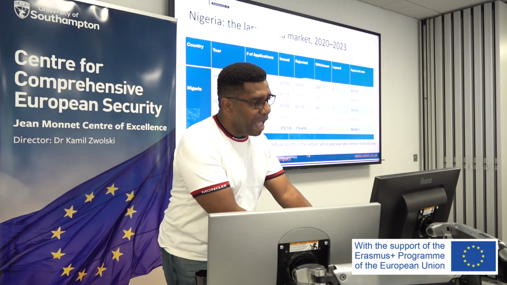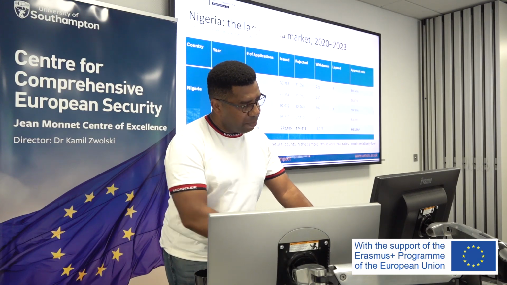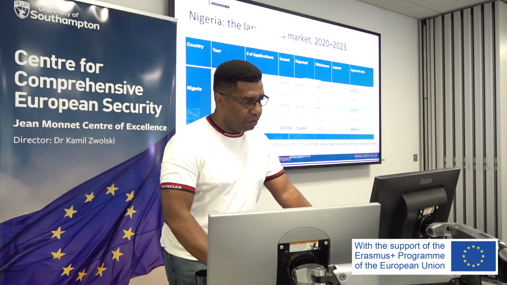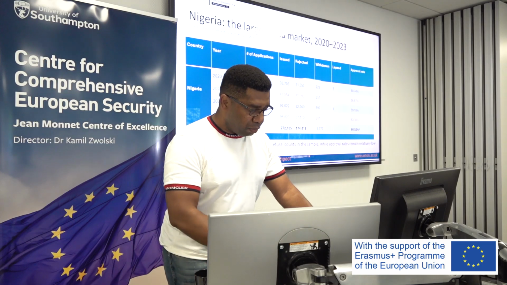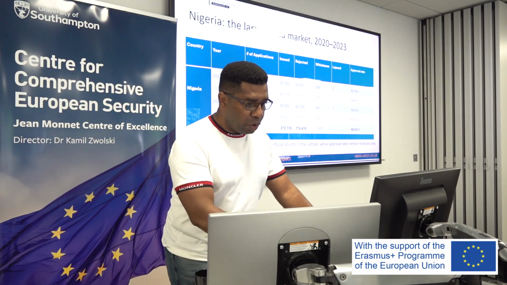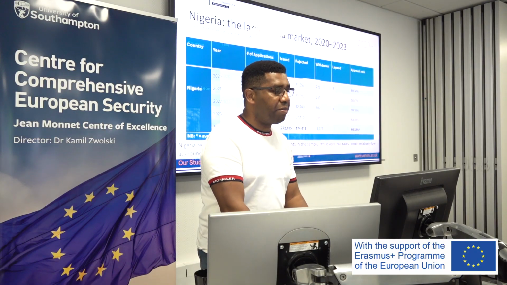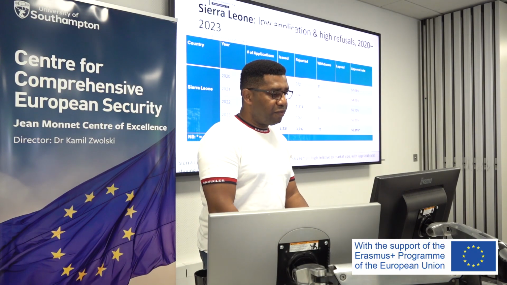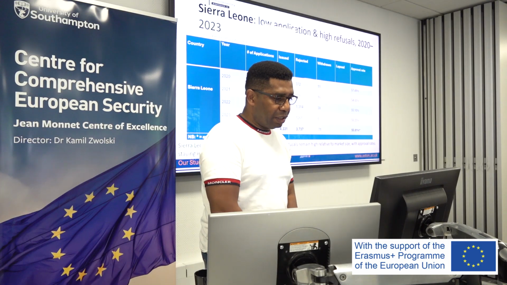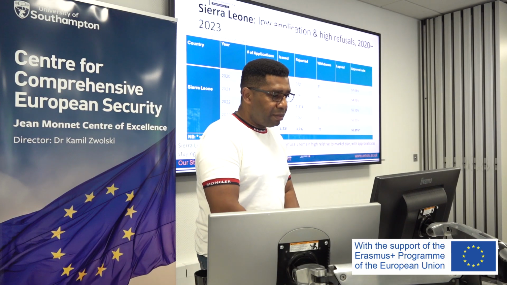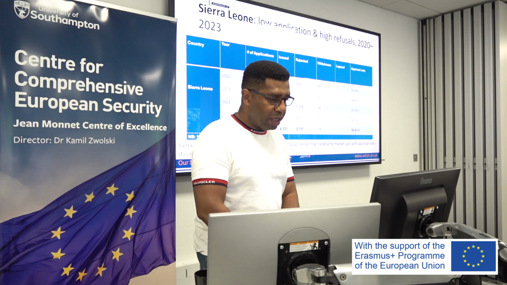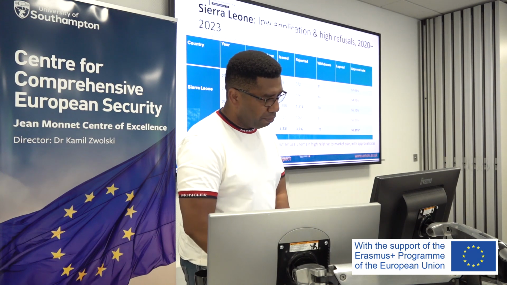So Nigeria has got the largest application counts as well as the refusal counts in the sample, with the approval rate being so low when you compare with the number of applications that were made. Sierra Leone has a very low application count, but the refusal rate was also relatively high.